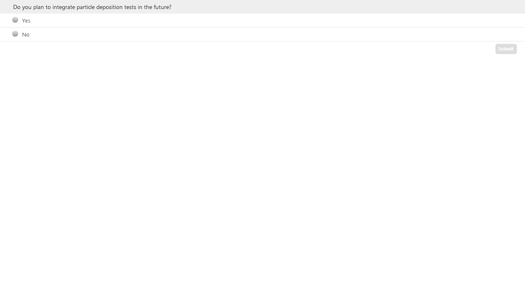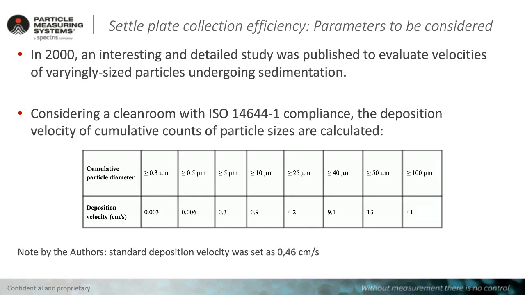Looking at the results from these experiments, in 2000 a very detailed study was published to evaluate the velocities of varying particle sizes in terms of sedimentation on surfaces. When we look into a cleanroom classified according to ISO 14644, the deposition velocity of the cumulative counts of particle size can be calculated.